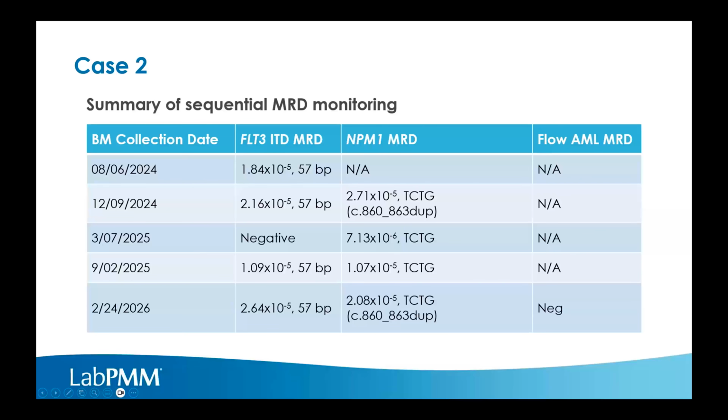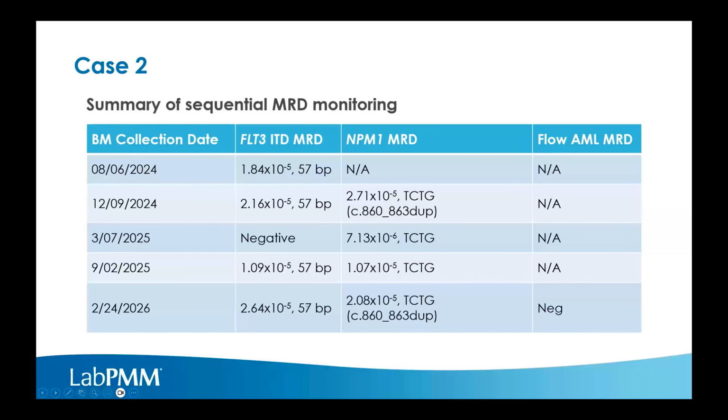You can see at a relatively low level, 10 to the minus 5. Before that, there were several bone marrows, and you can see the first time ITD was positive, NPM1 was negative. A few months later, ITD and NPM1 were both positive. Then in March 2025, the NPM1 level was very low, 10 to the minus 6, and this time ITD was not detectable.